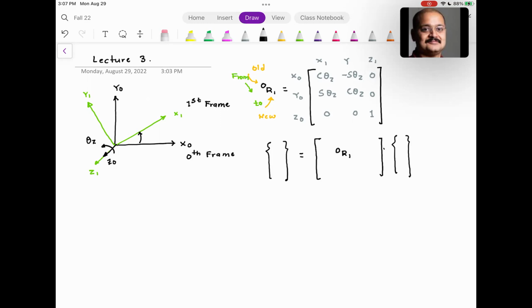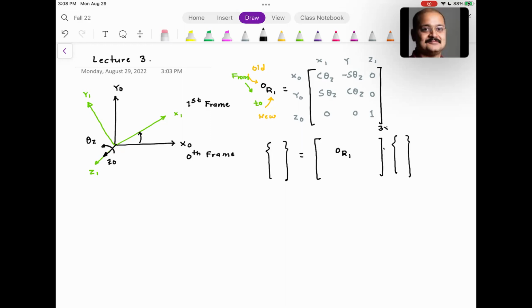and make it part of something called the homogeneous transformation. Now, this concept is super duper important. And if you read any textbook, it's very confusing, but it should not be that confusing. So understand what a homogeneous transformation is.